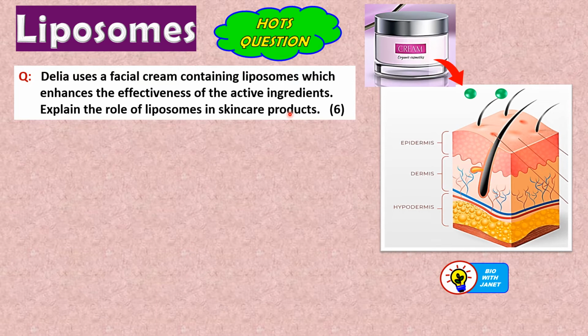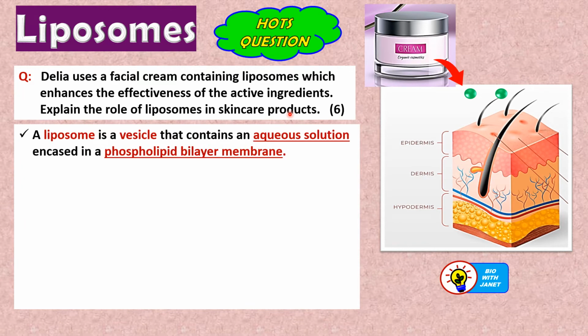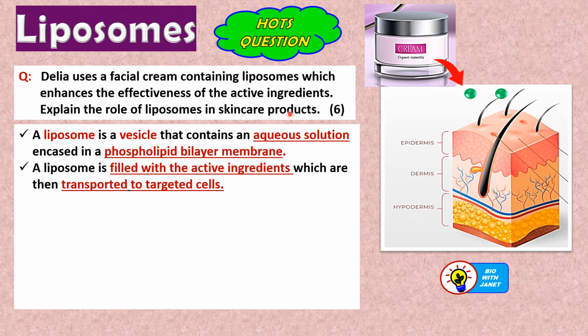So firstly, we have to explain what liposomes are. A liposome is a vesicle that contains an aqueous solution encased in a phospholipid bilayer membrane. Secondly, a liposome can be filled with the active ingredients, which are then transported to the targeted cells.